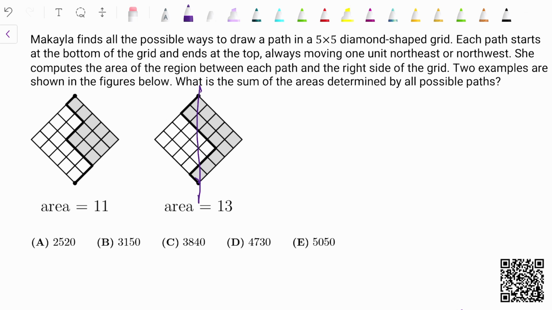But when you split it down the center and flip it horizontally, there is always going to be a path in which you go the complete opposite of the path that you already have. If that doesn't make sense, if you see this path right here, you're going right, right, left, right again. There's always going to be a path where you go left, left, right, left, to still end up at the same point.